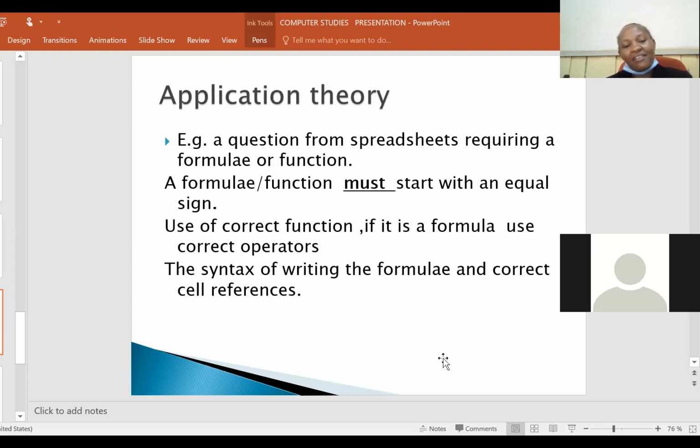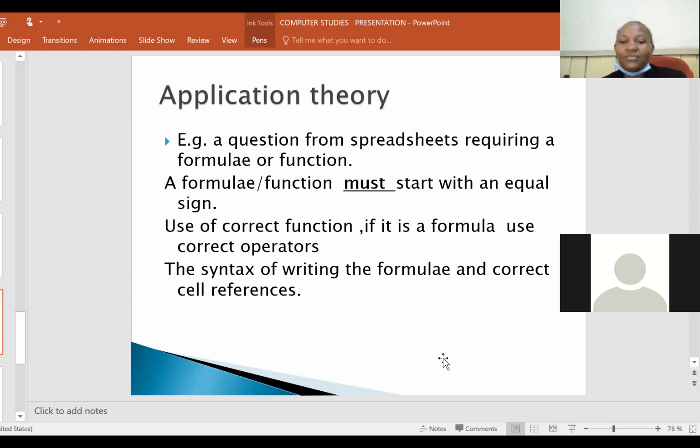For example, for average, don't write AVG. AVG is not a function name. The function name is average. Make sure that you use the correct function name, and that you enclose the cell references of your function within the brackets.